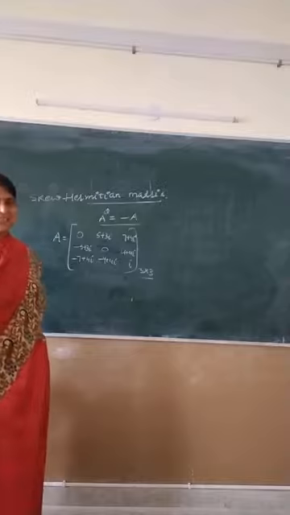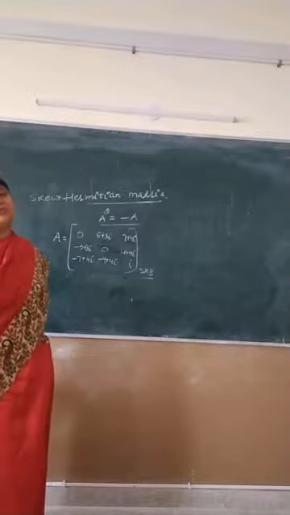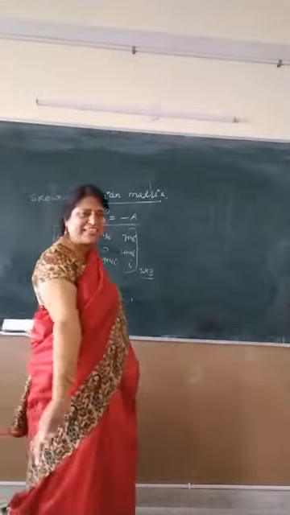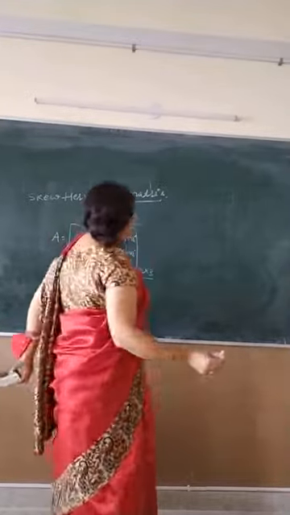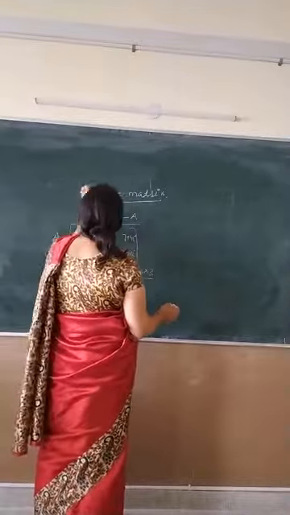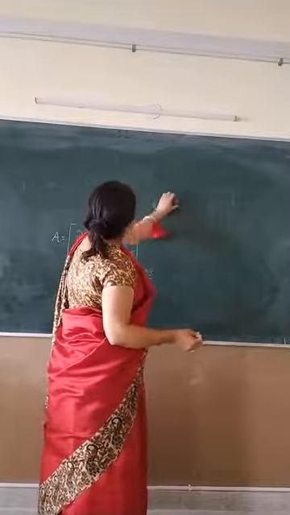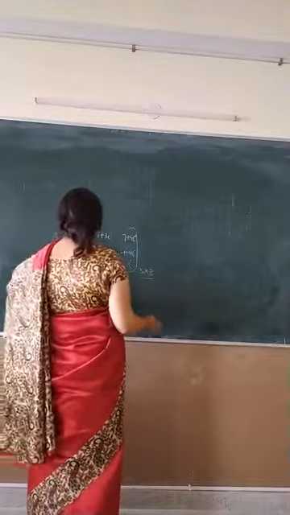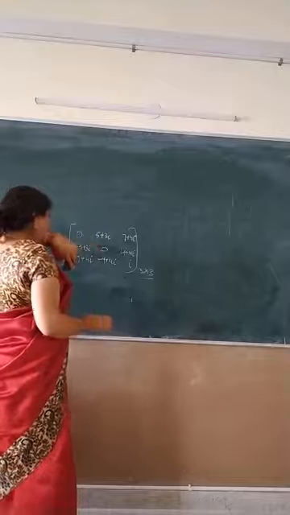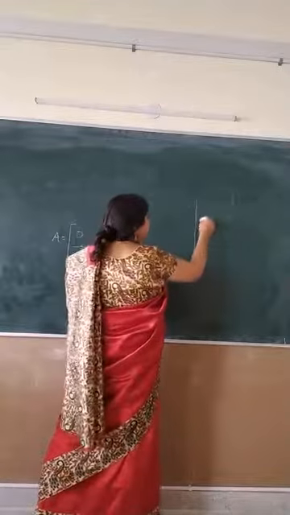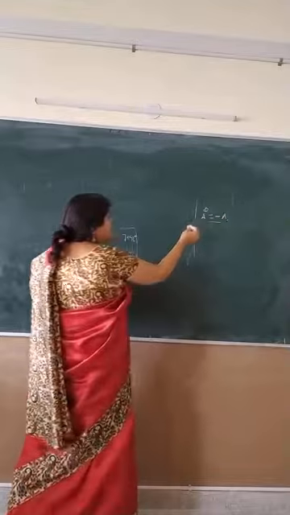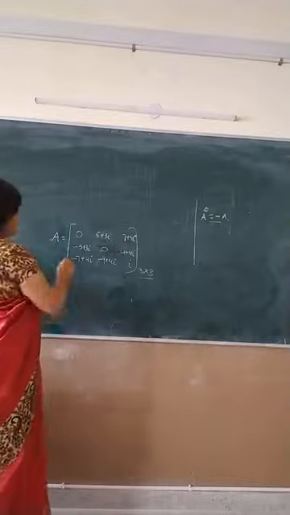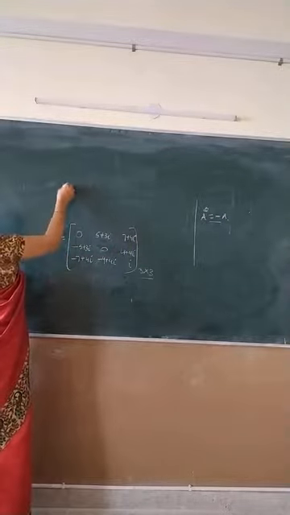You can check. For checking, what you have to do? I am also doing the question in this, you have to do it. Now, what you have to do? You have to check that the conjugate transpose equals minus A. For this, what you have to do first of all? Take transpose.